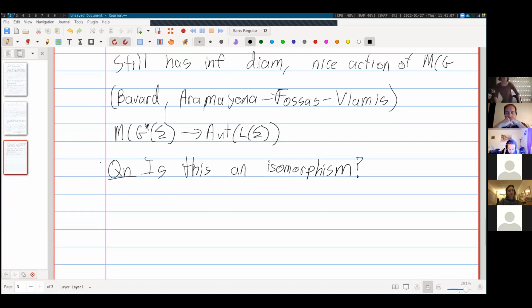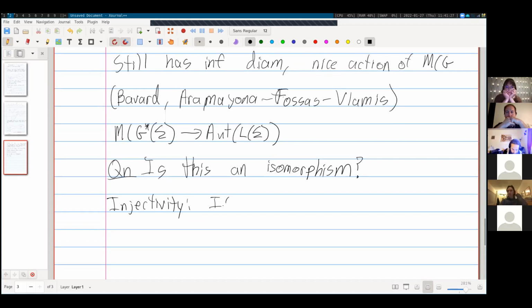One direction is pretty easy. Injectivity turns out to be basically free.